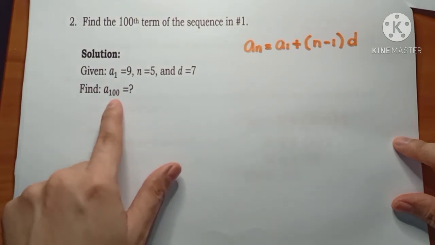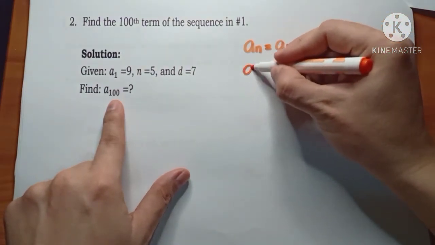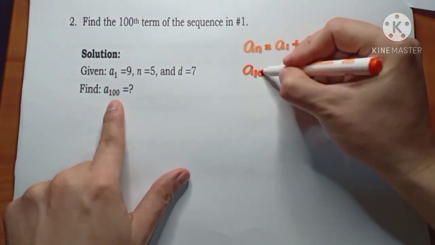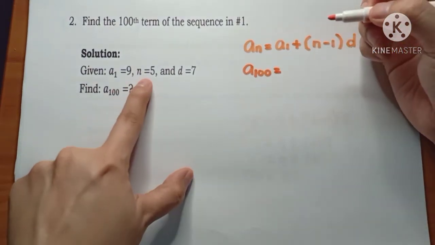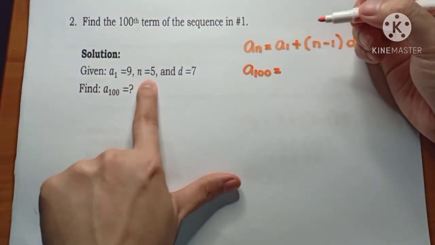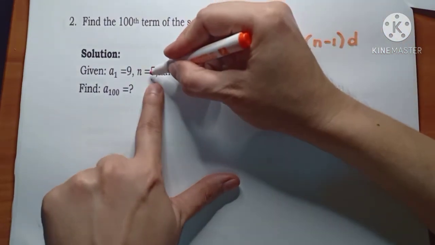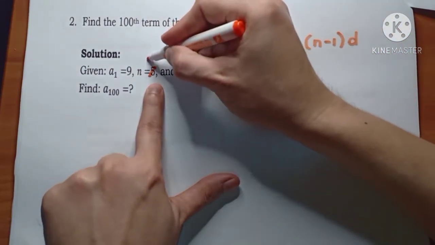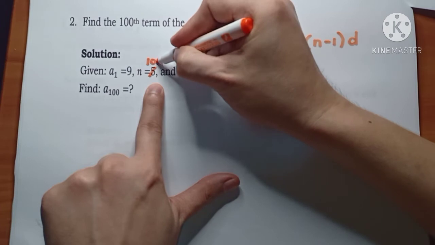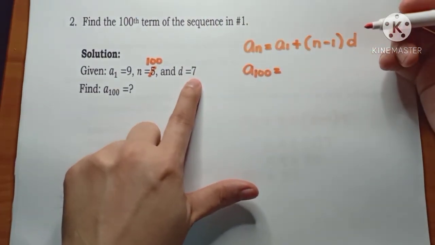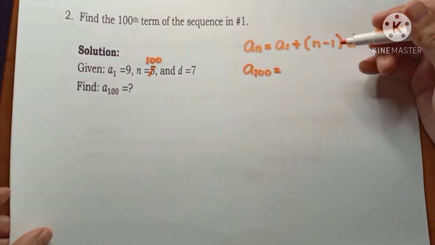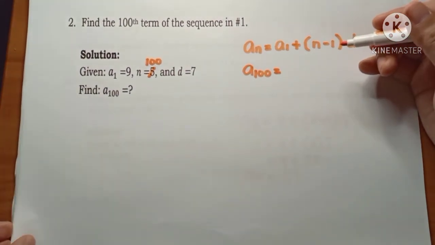So, since kinukuha natin ang 100th term, so we have a sub 100. At ang ating n ay hindi na to 5. Mali lang siguro ito. So, hindi to 5. Ang ating n ay 100. At ang ating d is 7 kasi gagayahin lang natin yan doon sa example number 1 natin.